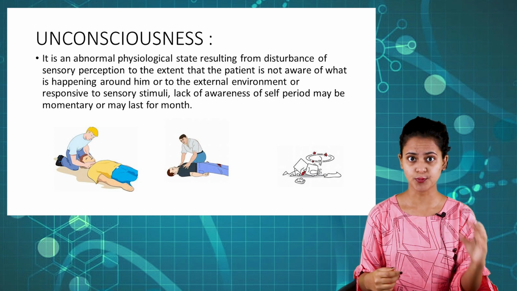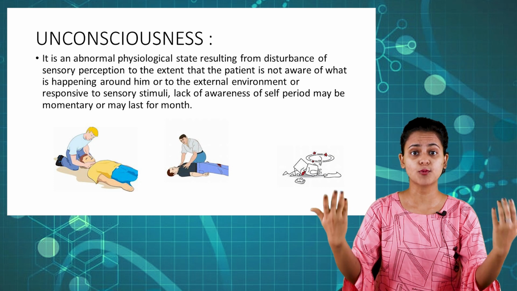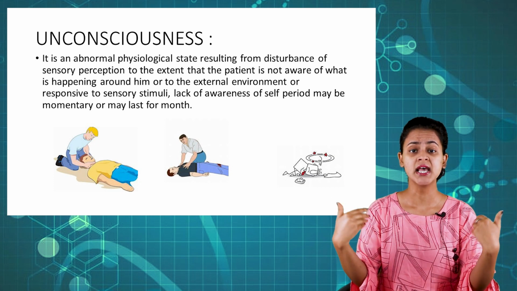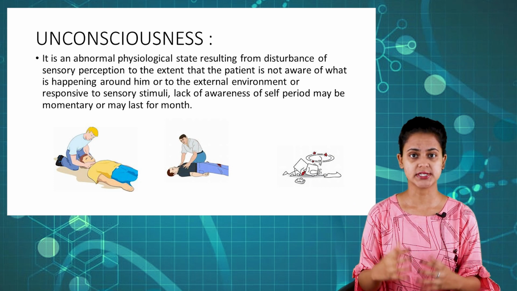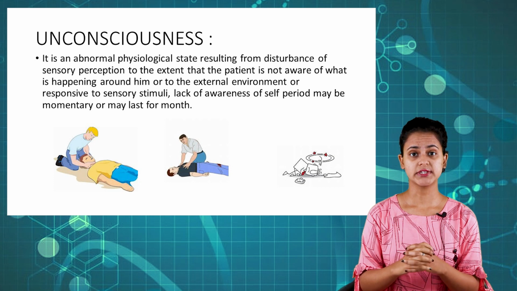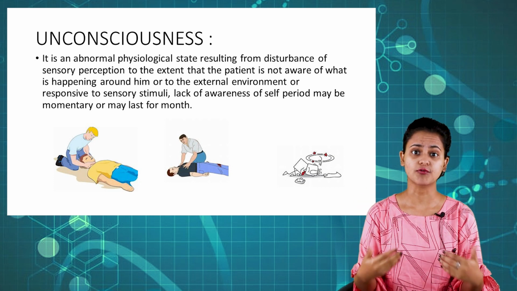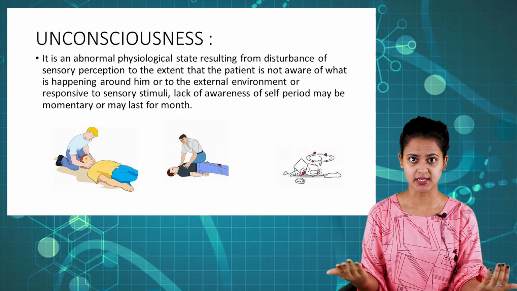This is the first main point. The second is that they will not be able to respond to the external environment or certain external stimuli, as there is disturbance of sensory perception. Even the client with unconsciousness will often show a lack of awareness regarding self and external environment.